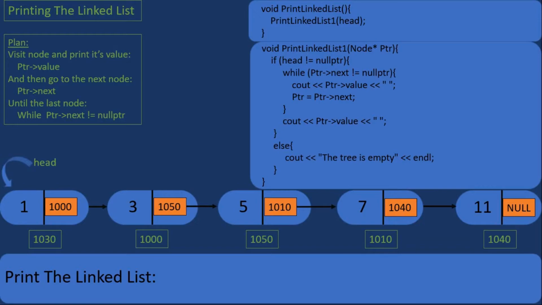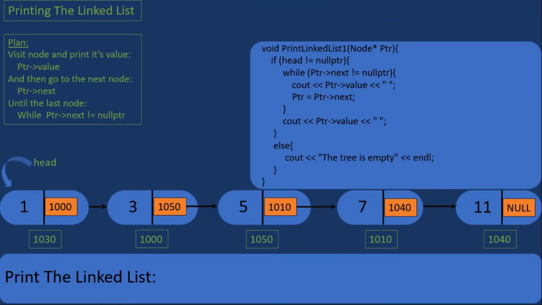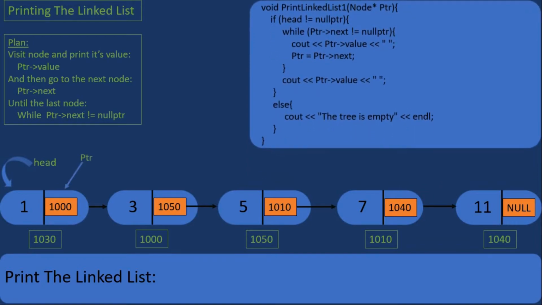So in line 2, we check if the pointer is not null, or if we have nodes in our linked list. If that's the case, like in our example, we proceed to line 3, a while loop which checks if the next pointer of the node ptr is pointing to is not null. In our example, the node with the value of 1 is pointing to another node.